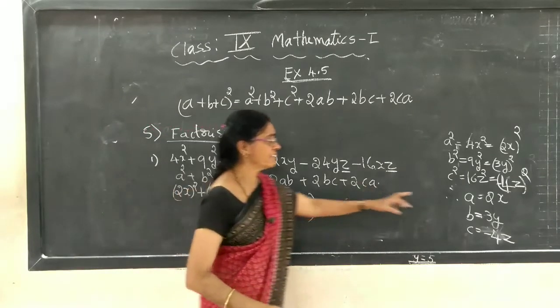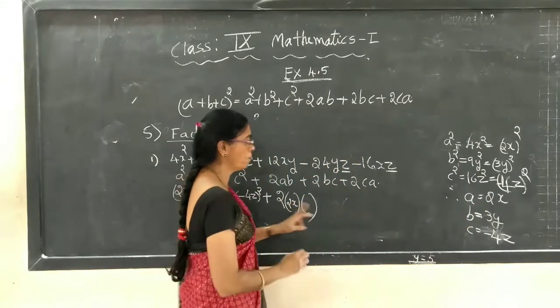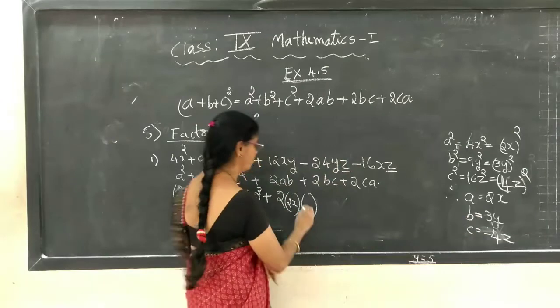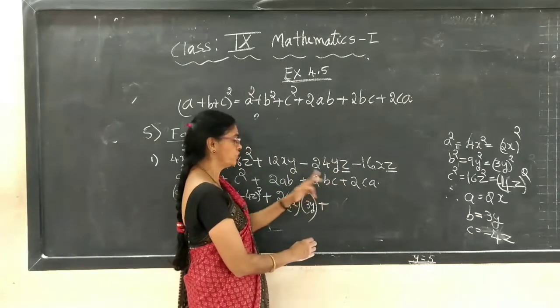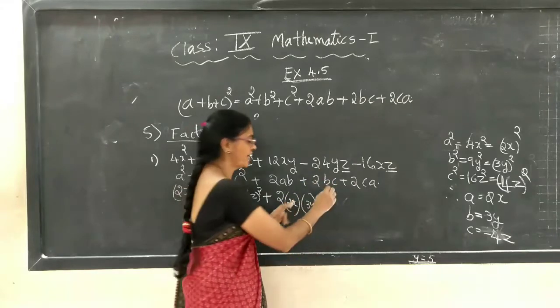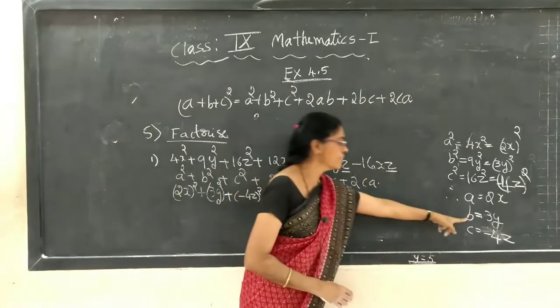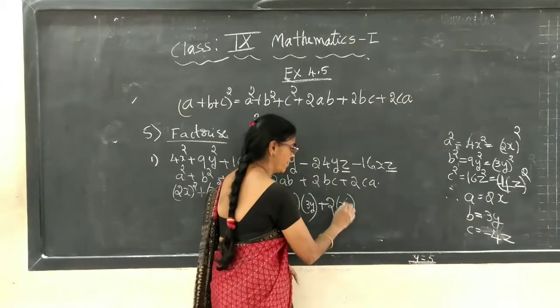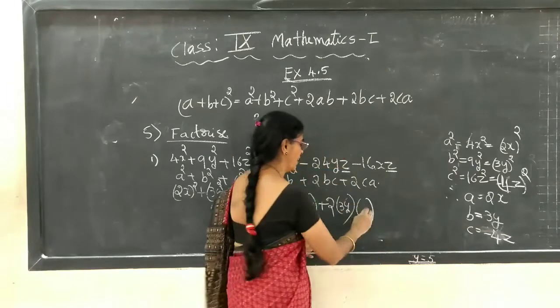What is your a in the question? 2x. And b is 3y. Then put plus sign, 2bc: 2 into b into c. 2 write as it is. b is 3y, into c, what is your c? Minus 4z.